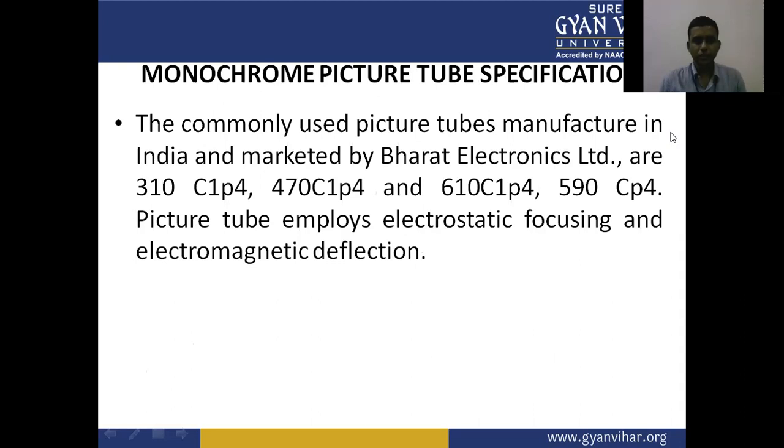Another monochrome picture tube specification is given here. The commonly used picture tubes manufactured in India and marketed by BEL, that is Bharat Electronics Limited, are 310 C1P4, 470 C1P4, 610 C1P4, 590 C1P4.